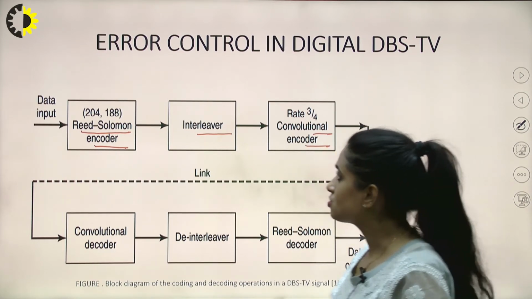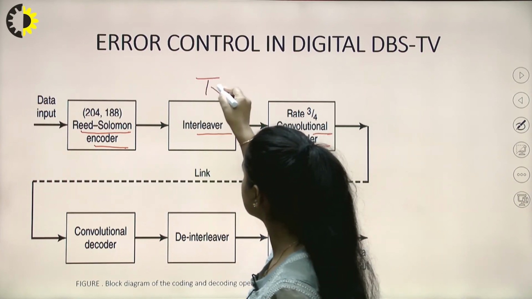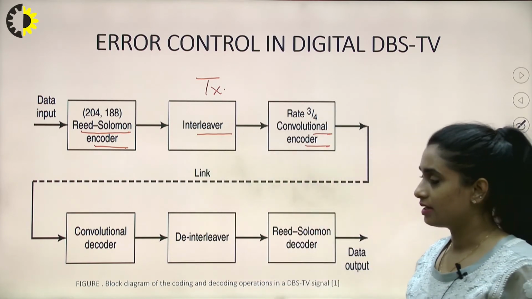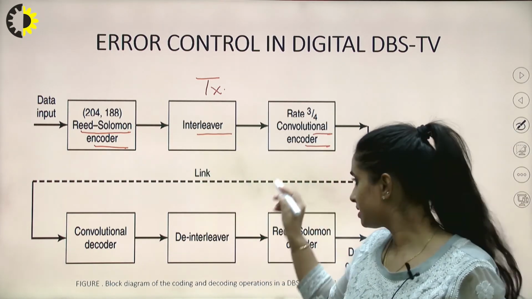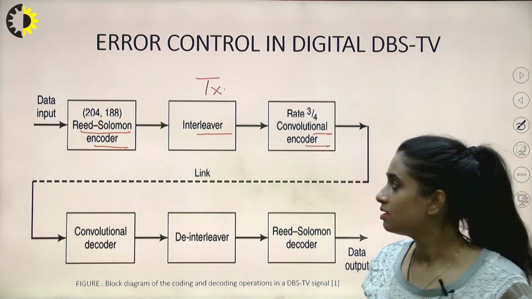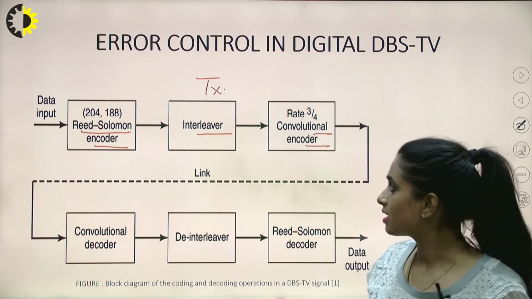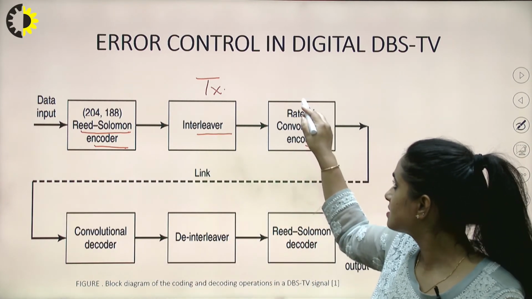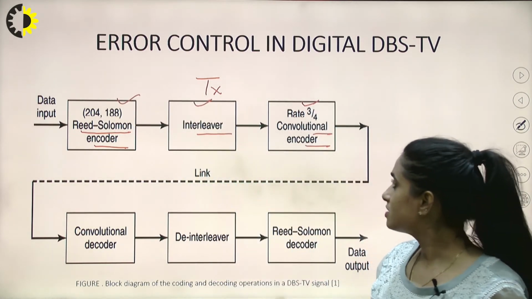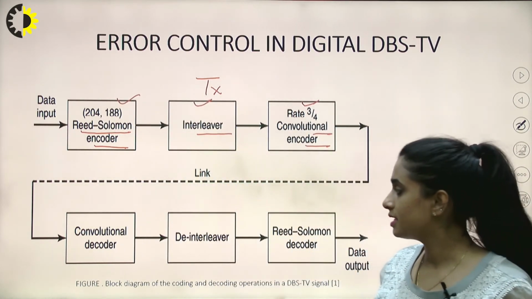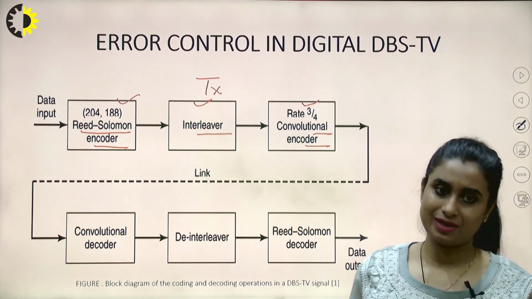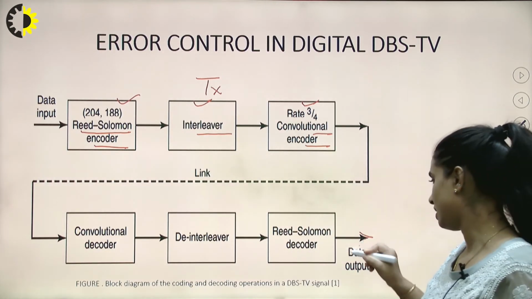At the transmitter, all these things are carried out, and at the receiver, the reverse of all these things occurs. First this is reversed, then this is reversed, and finally this. So we initially have the convolution decoder, then the de-interleaver, and finally the Reed-Solomon decoder. So we get the output data here.